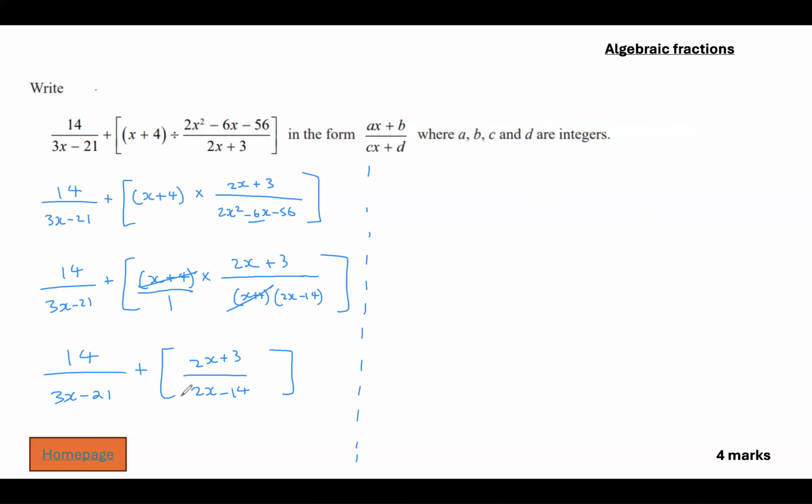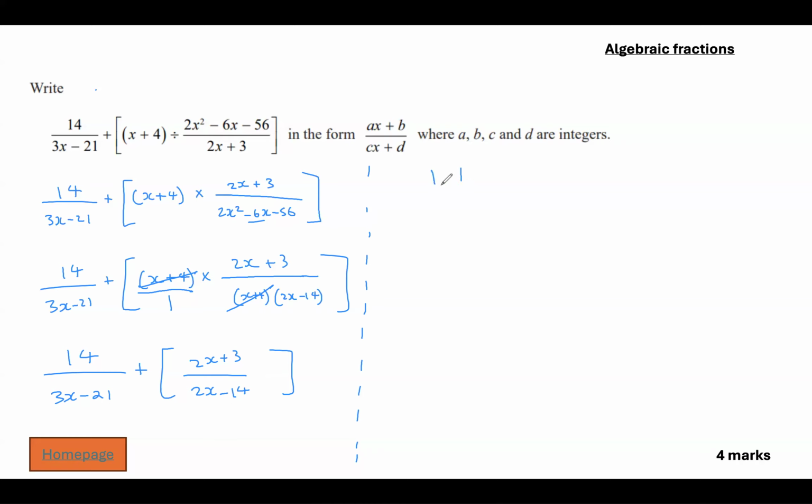Now, it's very awkward because we would have to multiply 3x minus 21 by 2x minus 14, and we would have to multiply 2x minus 14 by 3x minus 21. That's going to make this question very long and tricky, but always look to see if you can factorize.